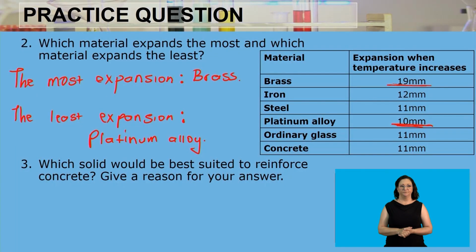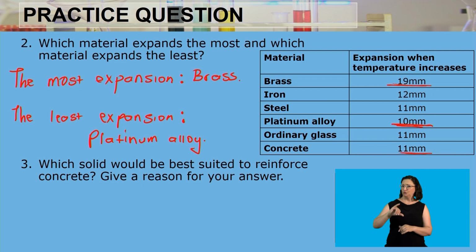So our next question says, which solid would be best suited to reinforce concrete? Give a reason for your answer. So which material is going to be suitable for the expansion of concrete? We are given here brass, iron, steel, platinum alloy, ordinary glass, and concrete. So our concrete expands up to 11 millimeters, right?